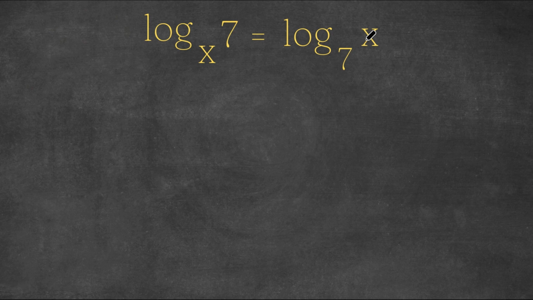And whenever we're solving logarithmic equations, we always want the bases to be the same. So we need to change one of these so that it makes the same base as the other one. So let's change log base x of 7 so the base is 7. So what we're going to do is use what is known as the change of base formula.